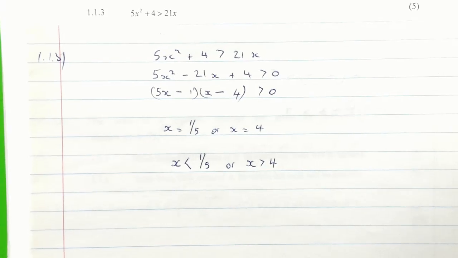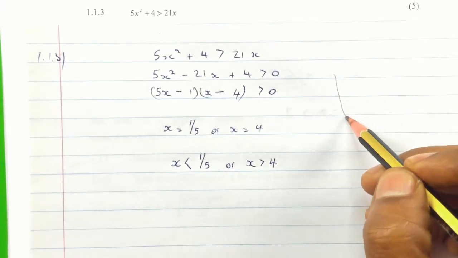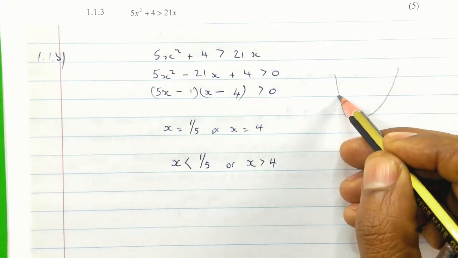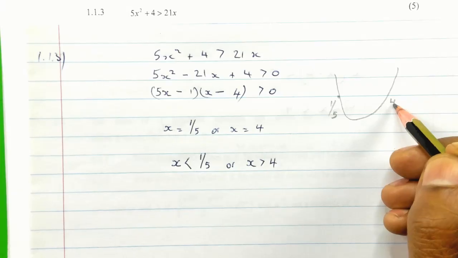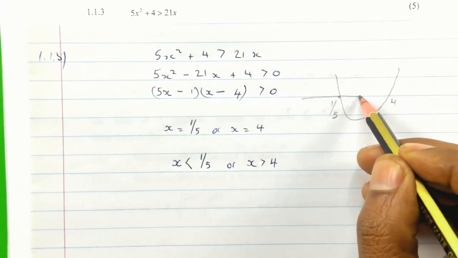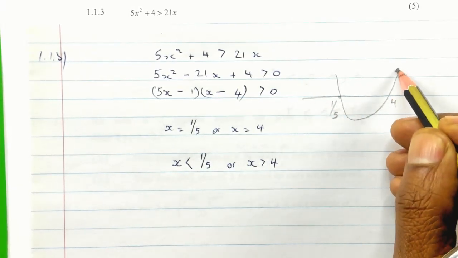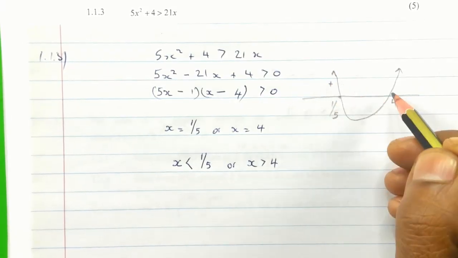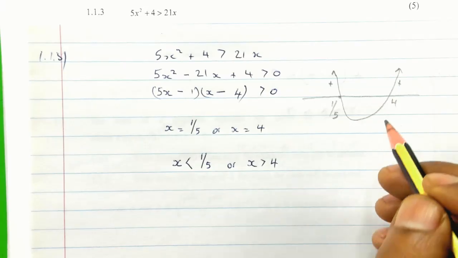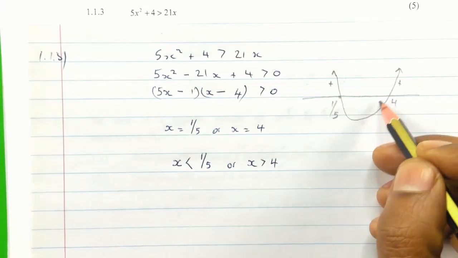Let's check what I'm talking about. I have my graph there. I have 1 over 5. And then I have a 4. So I am looking for positive values. Where are the positive values? They are there. Where do they start? Here, my graph is negative.